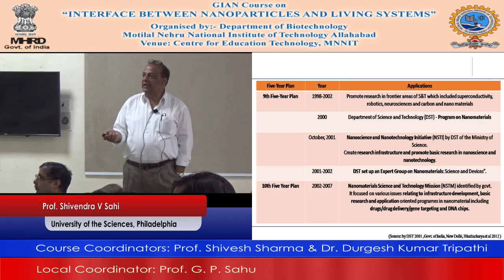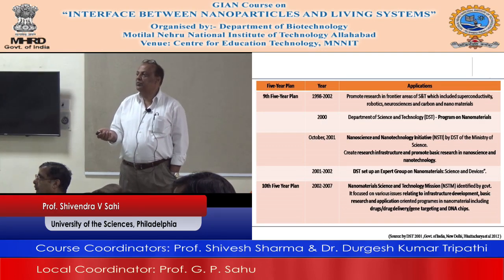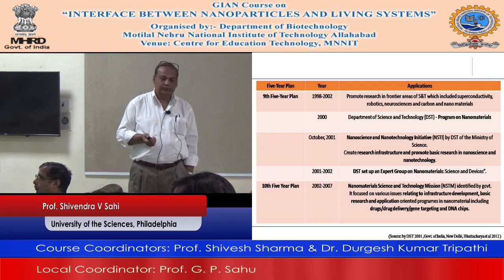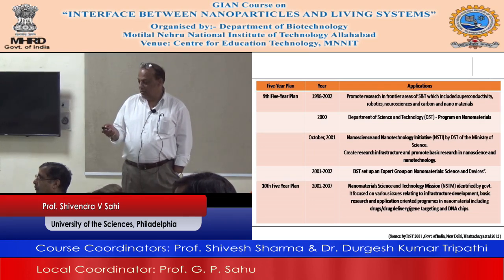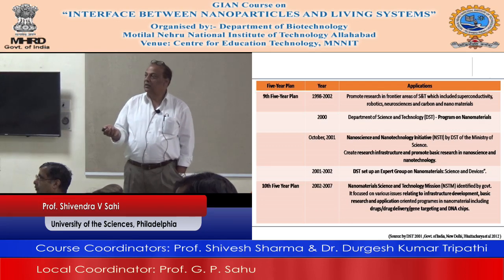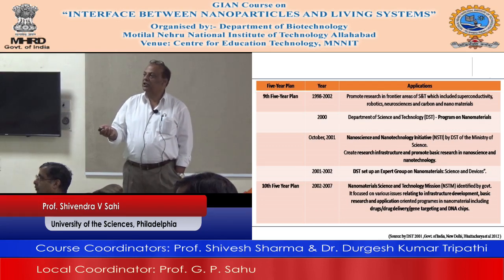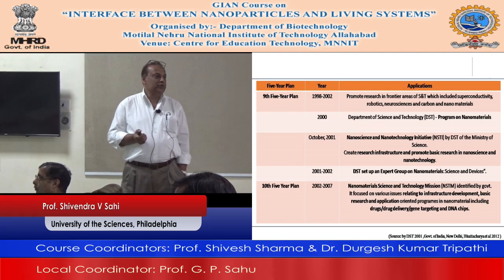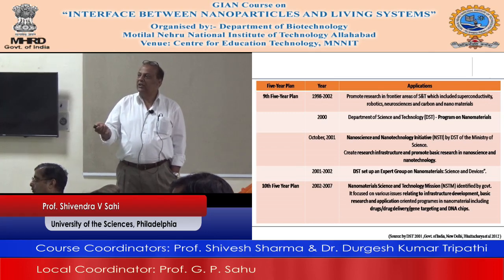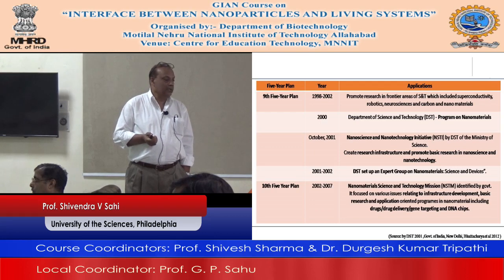They created research infrastructure and promoted basic research in nanoscience and nanotechnology. Your DST, Department of Science and Technology, set up an expert group on nanomaterials. So you can see that after 2000, things slowly started moving along.